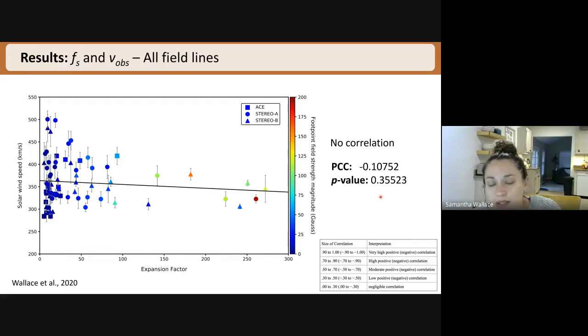The hard part is that it hasn't been fully tested for scenarios besides pseudostreamers. It's been shown to recover this relationship for pseudostreamers, but does it still work for a helmet streamer, or for all these other magnetic topologies? We'd have to really test that before changing how we define that quantity.